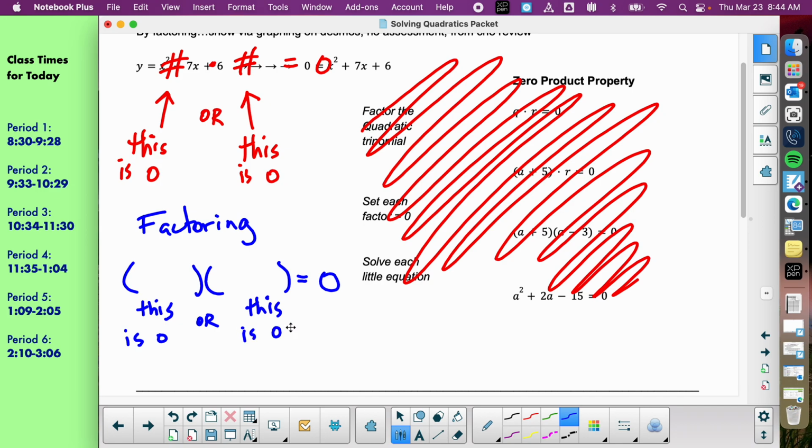If you're given a complicated equation like a quadratic equation, like x squared, we know how to factor those. And part of the reason we learned factoring was so that we could solve them. This is going to be one of the most common techniques to solving a quadratic equation.